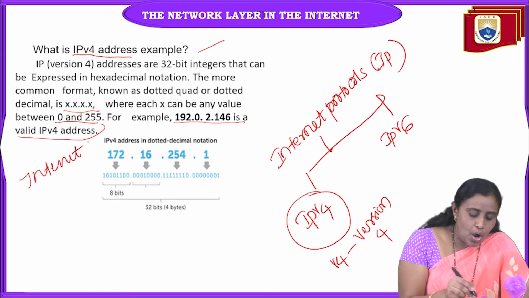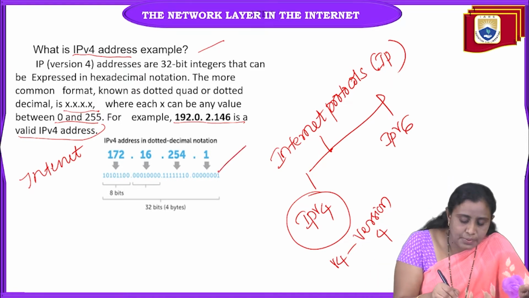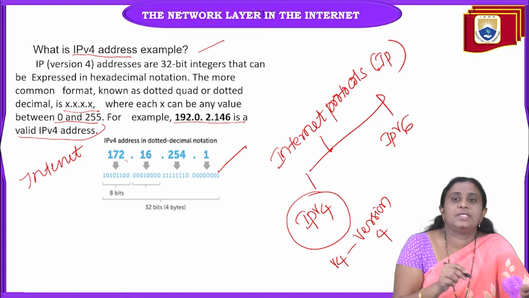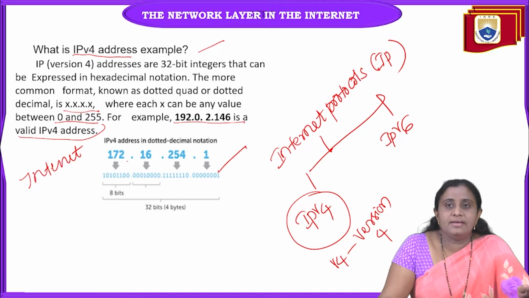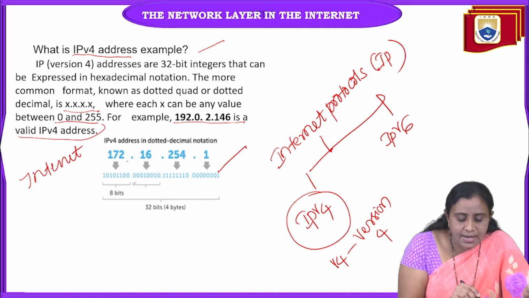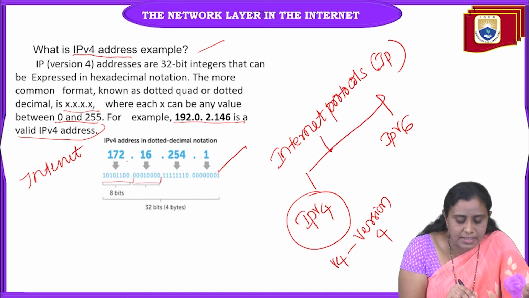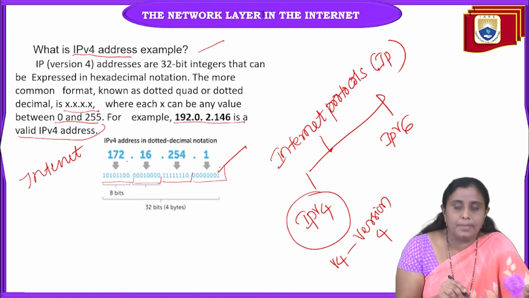Take the example of 172, which is an IPv4 address part in dotted decimal notation, and 172 can be referred to in the decimal notation by means of this type of binary format. 16 will be in binary format, 254 will be under the code of this binary format, and 1 will be in this type of binary format.